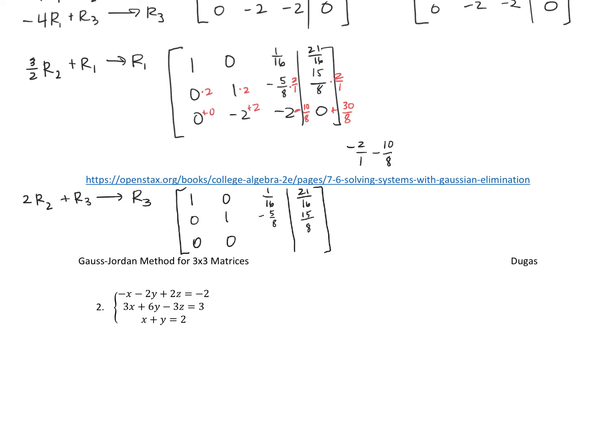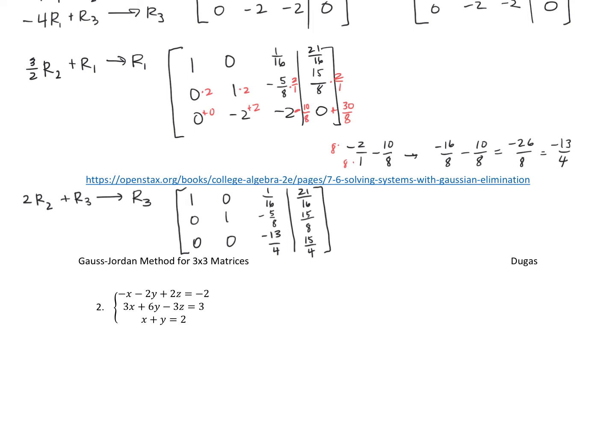So we can scale this up by 8. So that would be negative 16/8 minus 10/8, which would be negative 26/8, which would reduce to negative 13/4. So negative 13/4. And again, feel free to use your calculator to do these calculations. That's fine. We have 0 plus 30 over 8, so that's just going to be 30 over 8, and we would reduce that to 15/4.